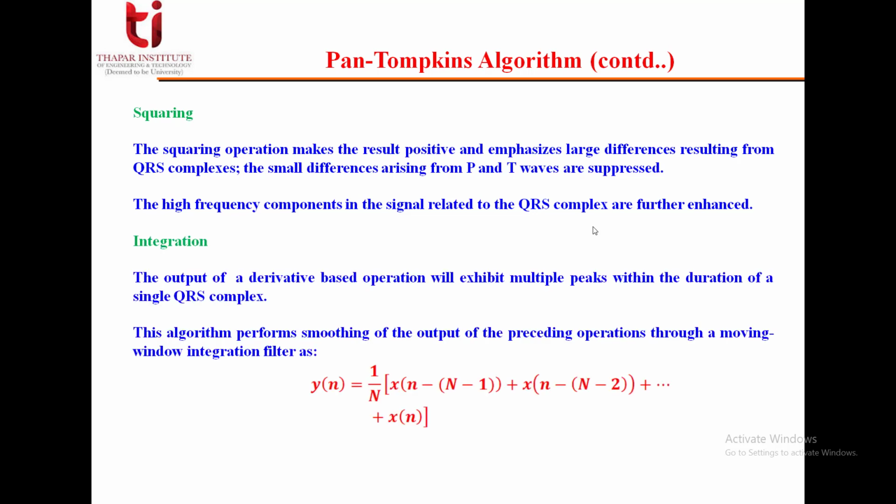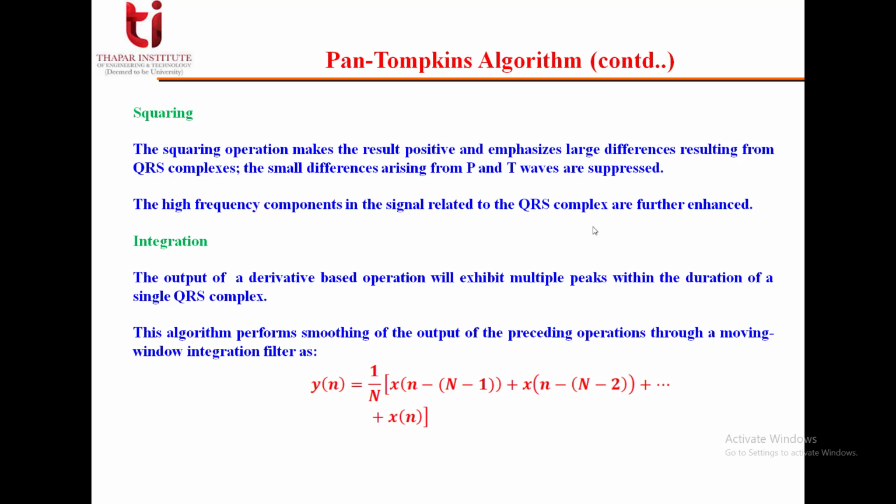Now the next step is integration. The output of a derivative-based operation will exhibit multiple peaks within the duration of a single QRS complex. So this integration algorithm will perform smoothing of the output of the preceding operations, and for that it will use a moving window integration filter.